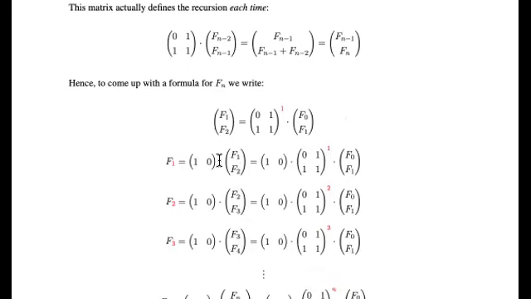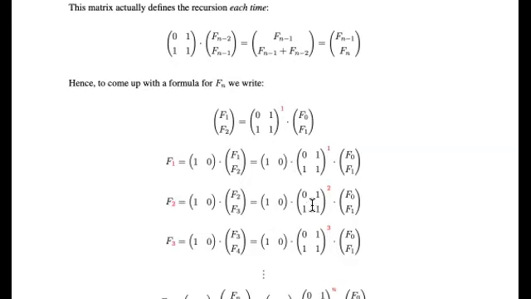Well, if we just matrix multiply this and this, we get F1. Then we multiply that to this side, and we should get, as the top entry of whatever this is, F1, just like it was here, because this is the same as this over here.